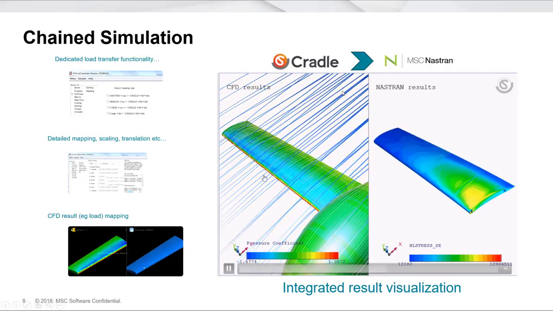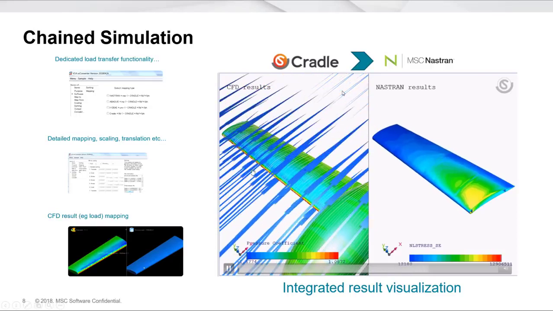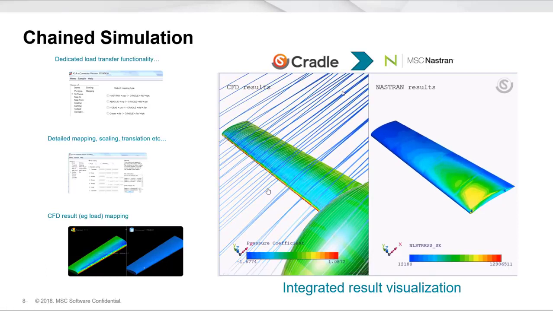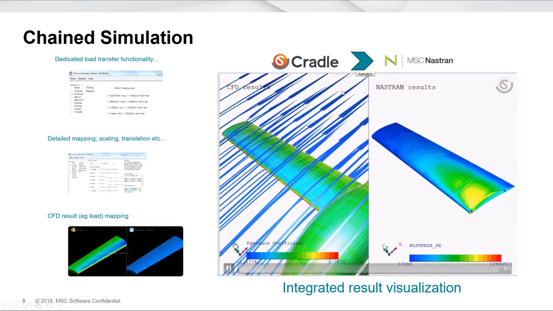We've identified this wing as a region of interest. In this particular case, we've highlighted the pressures and we've transferred those pressures into a data bulk file, which we can then solve in Nastran. From within the tool itself, we can translate not just pressures, but things like forces, displacements, temperatures, that kind of thing. And we can see an interactive way to map these things together from within the environment as well.